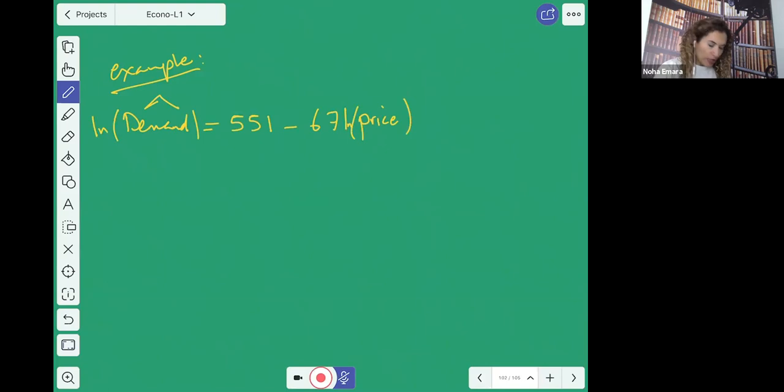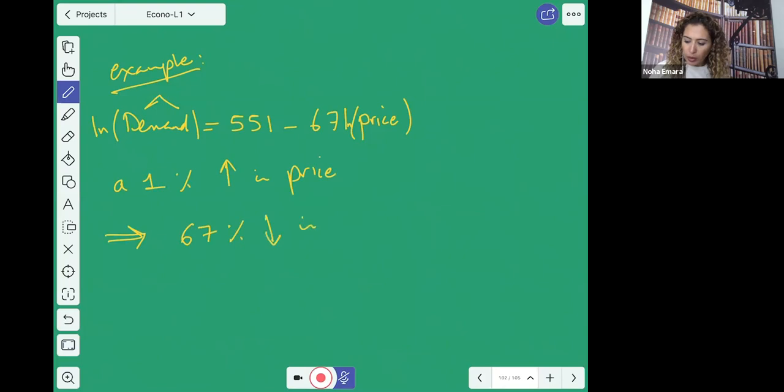I'm telling you, it's easy to analyze this model because I can easily say a 1% increase in price implies 67% drop in demand, right?